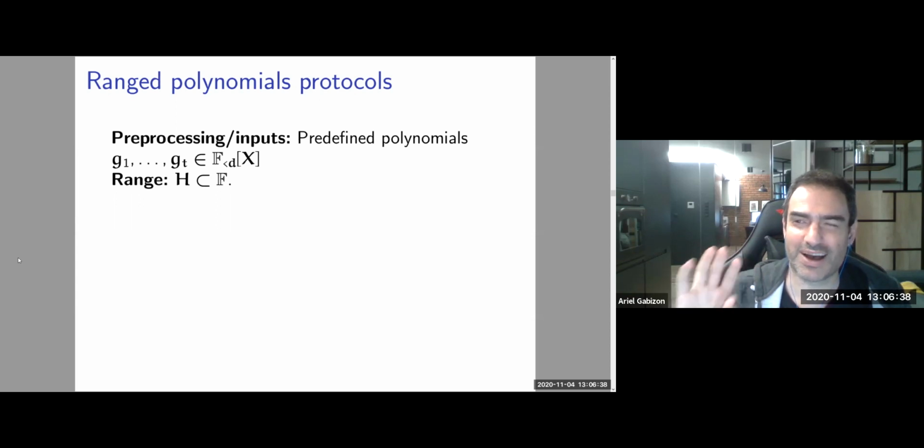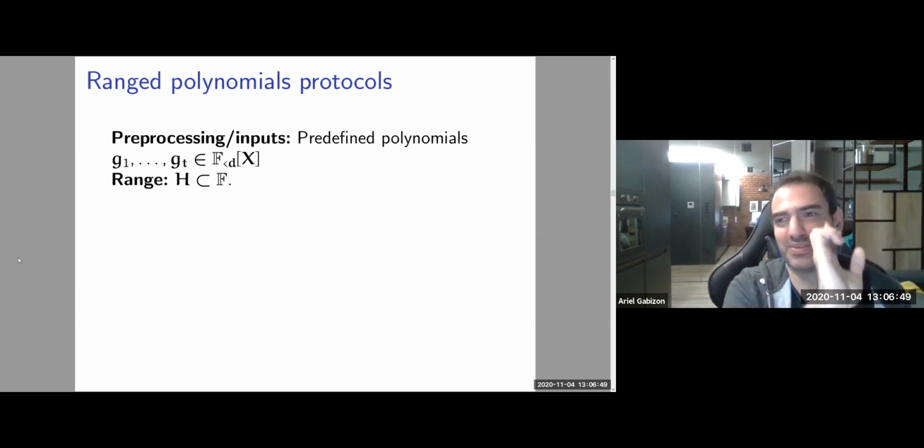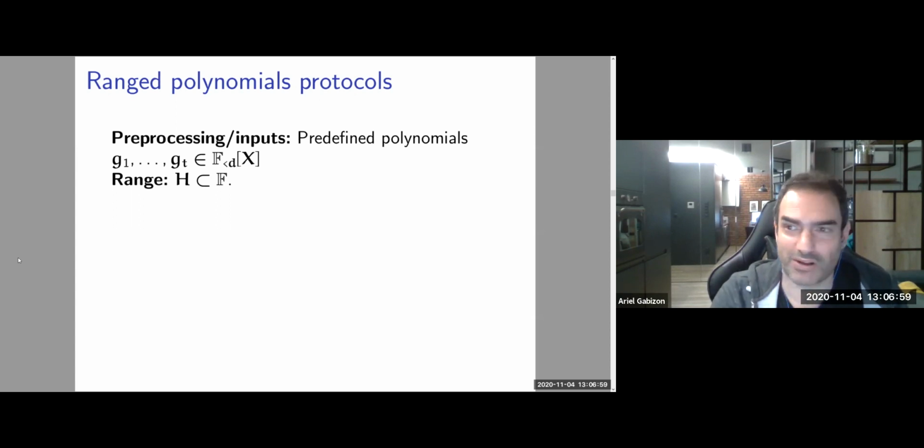Because usually we're not exactly checking polynomial identities, we're checking polynomial identities on a certain predefined range. And this relates to the following variant of the definition, which is ranged polynomial protocols. Ranged polynomial protocols are almost the same thing, but now the protocol definition also includes some subset H of the field.